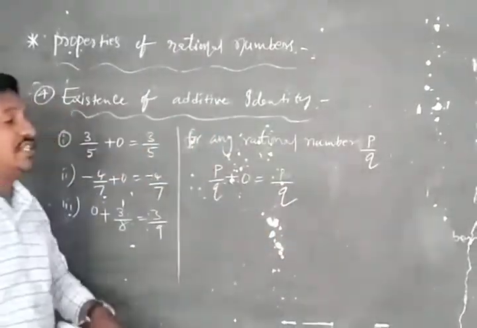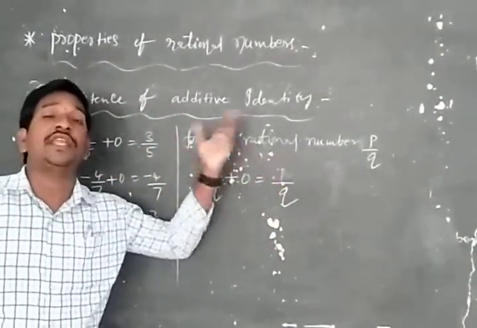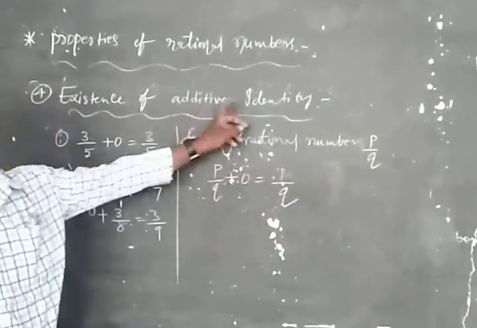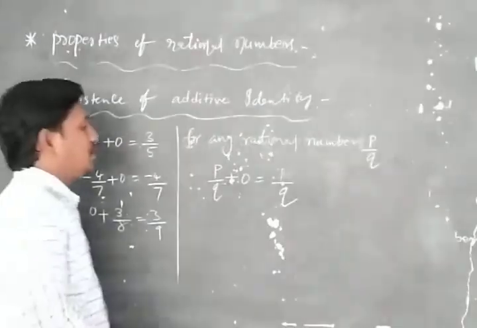So if we add 0 to any rational number, we get the same rational number. So that's why 0 is the additive identity.